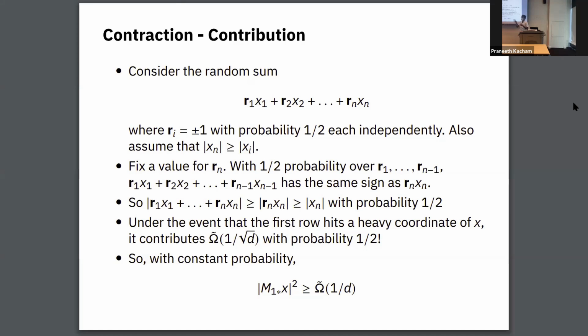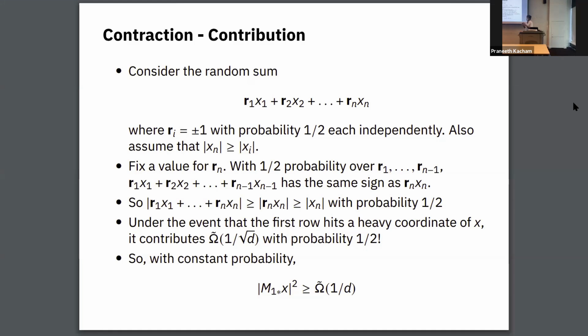You are just given n values, x1 through xn. These are fixed values. You are also given that the absolute value of xn is the largest. You multiply each value with a random sign, that is plus or minus 1 with half probability each, and just add them up.